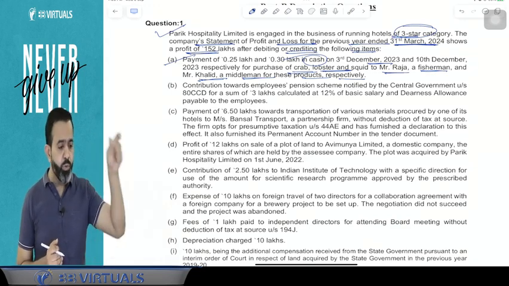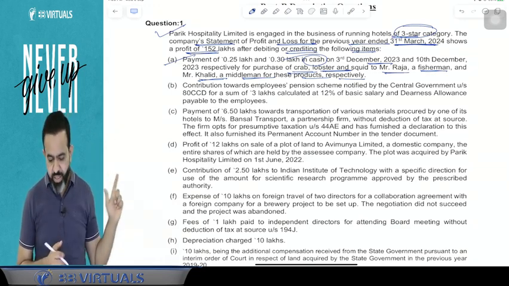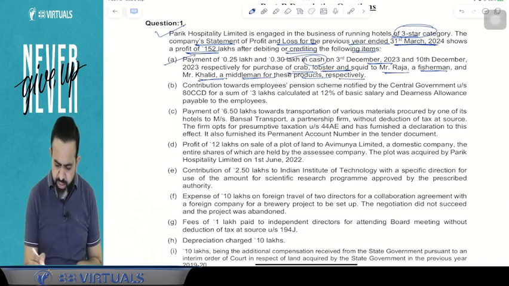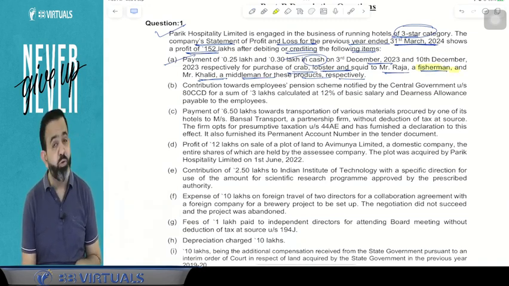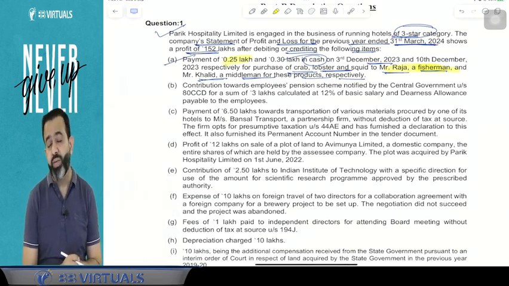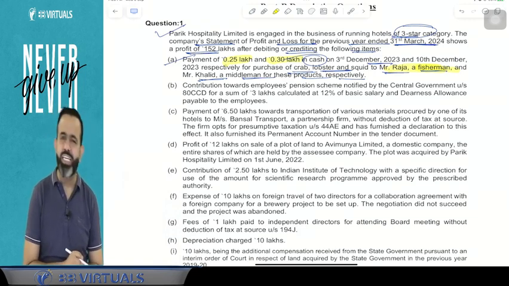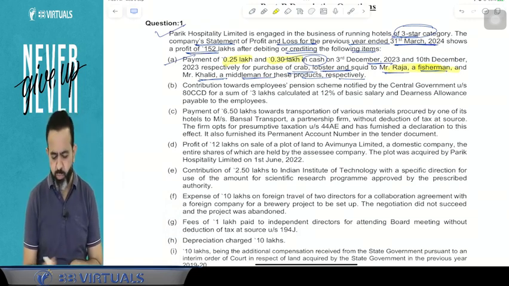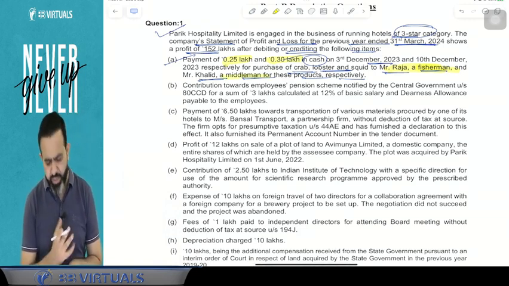If that person is a producer, then this expenditure is allowed. Here, when this payment is made to the fisherman, it is allowed. Raja is a fisherman, so this 0.25 lakh, 25,000, is allowed, but the 0.30 lakh, 30,000, is not allowed because this is made to the middleman.